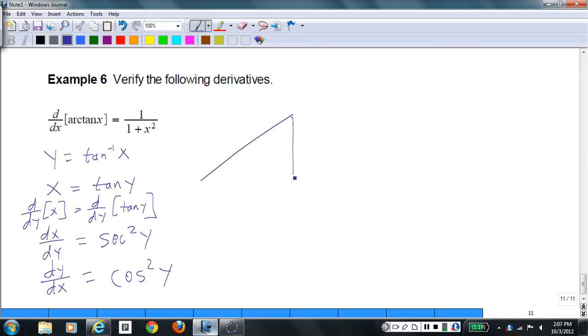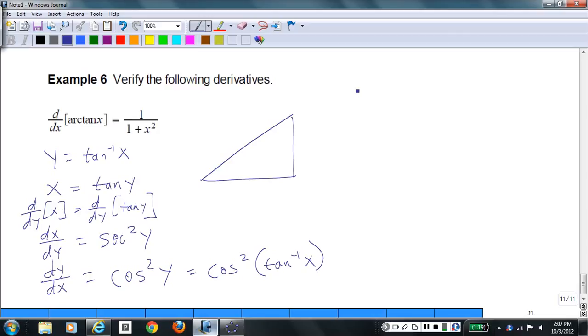Here's our triangle. So this equals cosine squared of y. What's y? Inverse tangent of x. So cosine squared of inverse tangent of x.